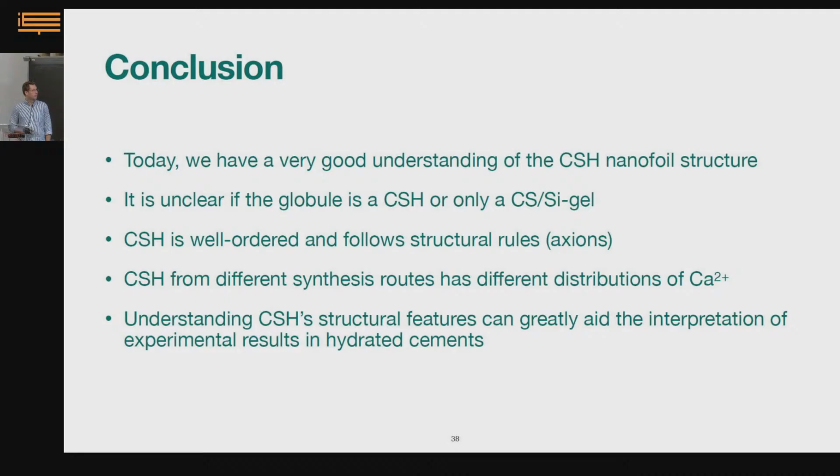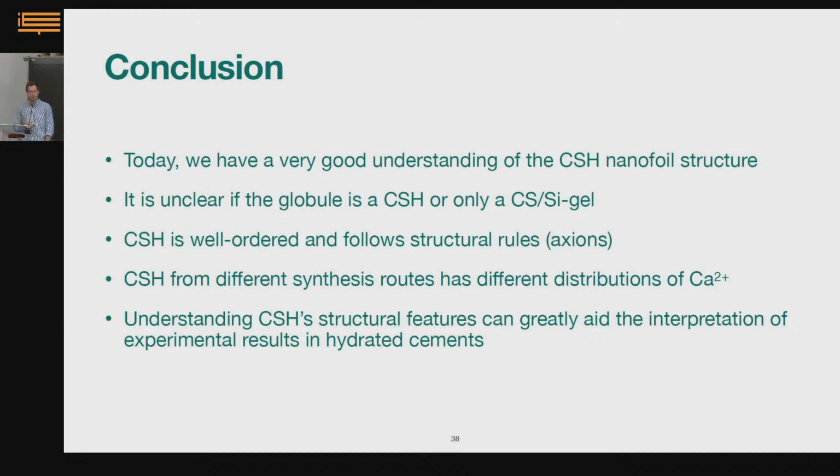CSHs from different synthesis routes have different distribution of calcium. That means in practice that calcium silicon ratio 1.3 from direct precipitation is perhaps not the same as calcium silicon ratio 1.3 from the reaction of calcium oxide and SiO2. So you really need to be careful, and always when you do CSH, properly characterize it.